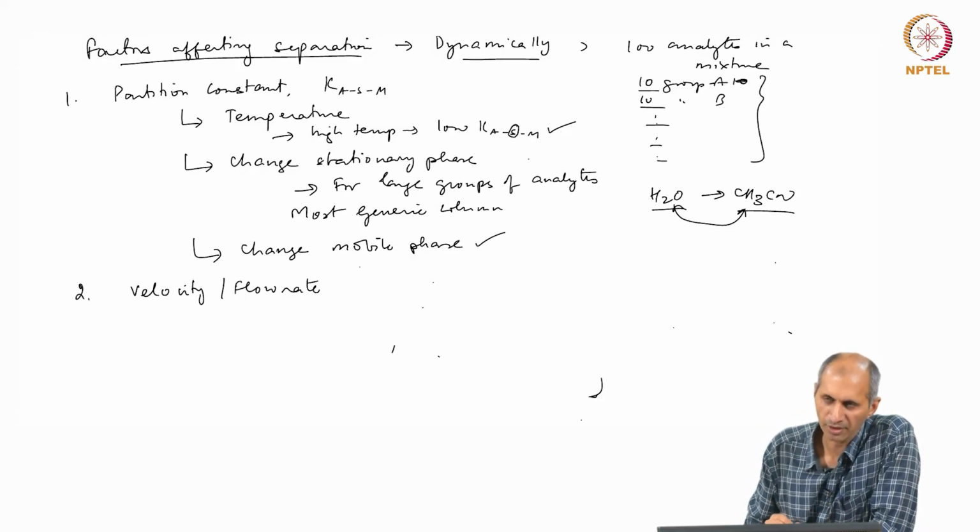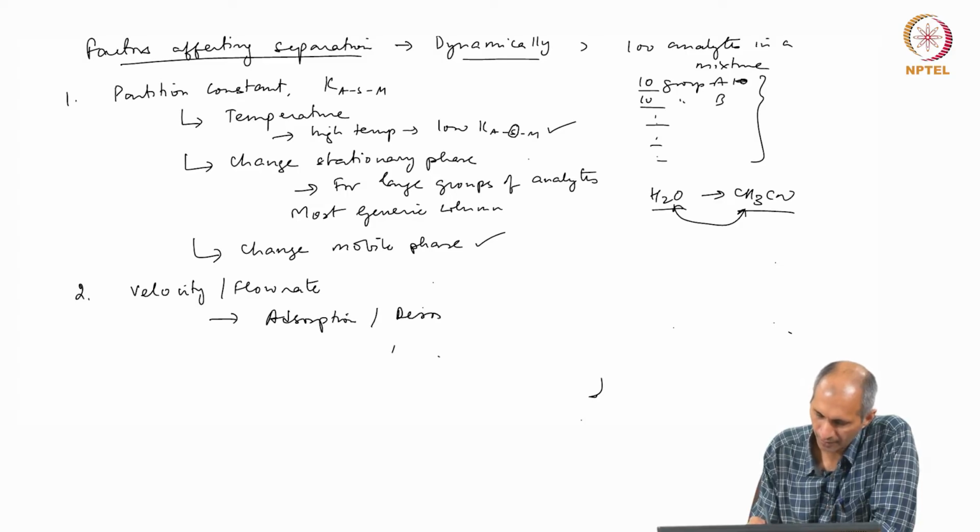So this velocity, the flow rate, is a component that will influence the separation, because both the partition constant and the velocity or flow rate influence the adsorption and desorption cycles and rates.